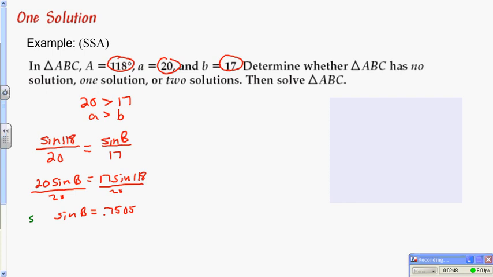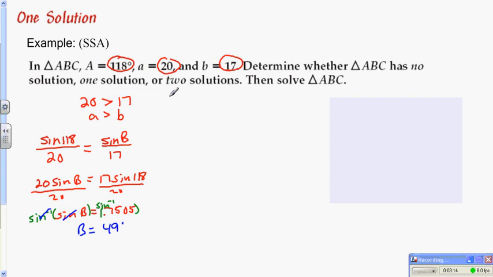In other words, if I do sine inverse of both sides, the sines will cancel, and we're left with B equal to 49 degrees, approximately.